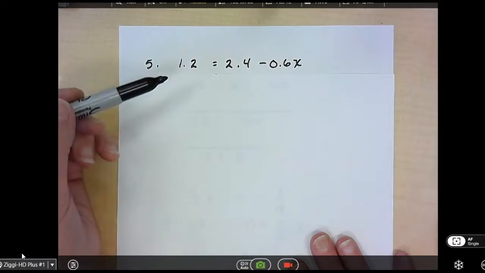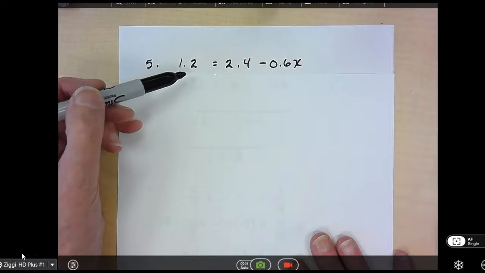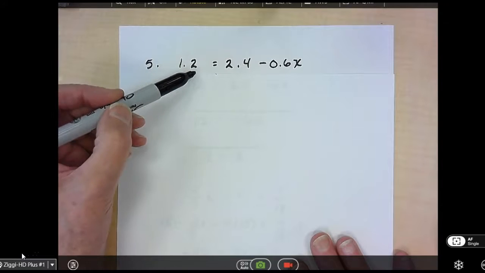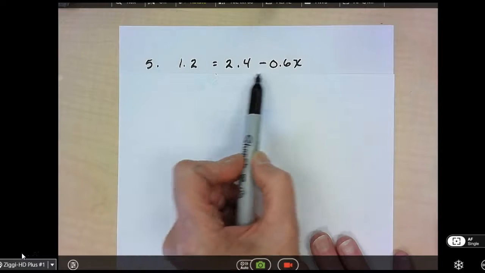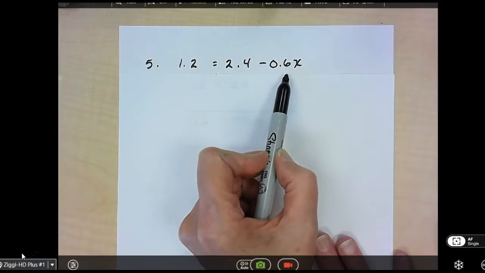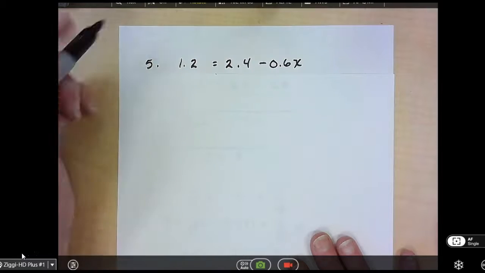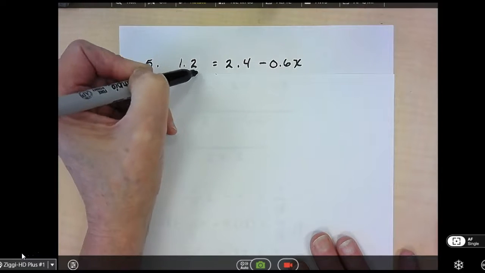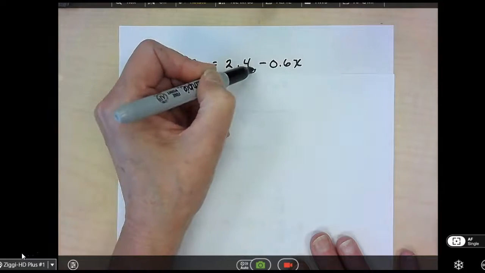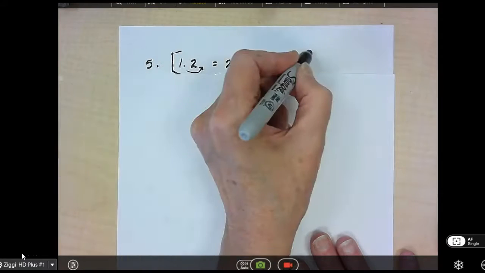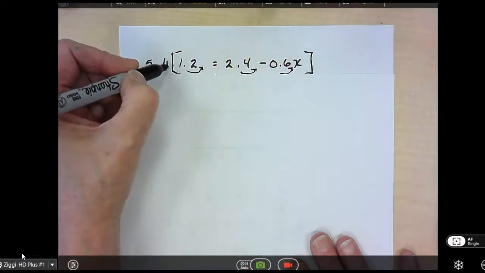You always want to use the smallest fraction, because 2/10 is 2 over 10. So your common denominator, if there had been a 0.06 or 6/100, that would have been the smallest, so you'd want to move your decimals 2 places by multiplying by 100. But in this case, I just need to move it 1 place in each one, which means I'm going to multiply everything in this whole equation by 10.